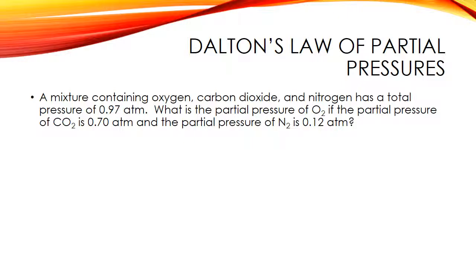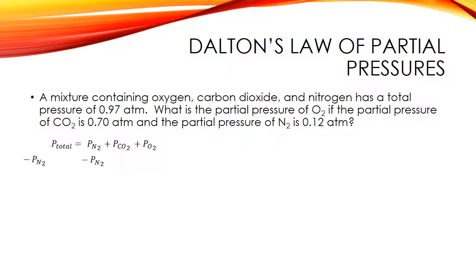Based on Dalton's law, we know that the total pressure here is going to equal the sum of all the partial pressures of those three gases. So it would be equal to the partial pressure of the nitrogen plus the partial pressure of the carbon dioxide plus the partial pressure of the oxygen. In this question, we're asked to find the partial pressure of the oxygen, so I'm going to solve this equation for P of O2.